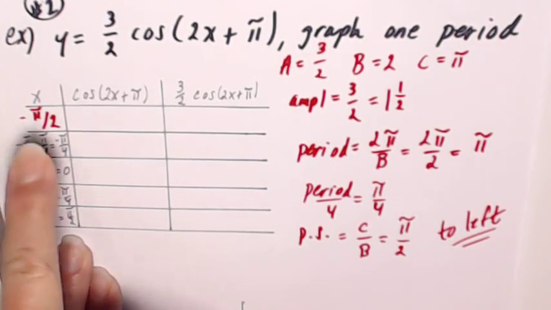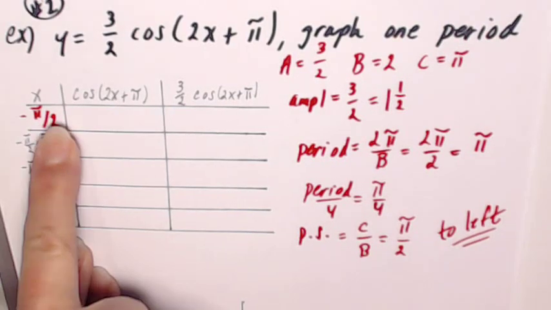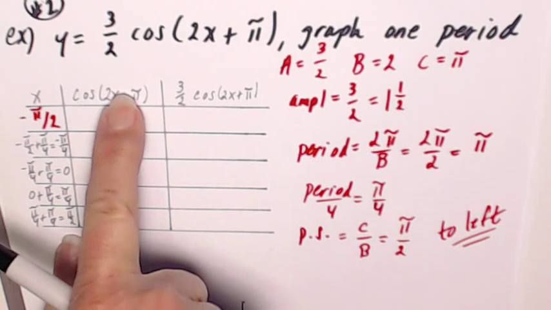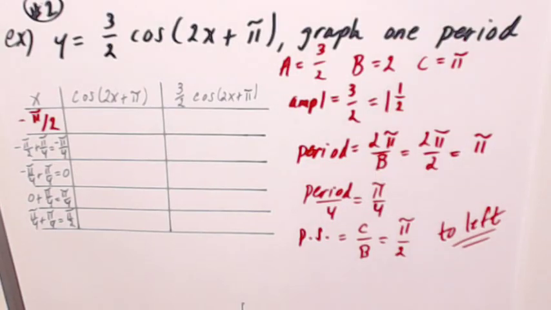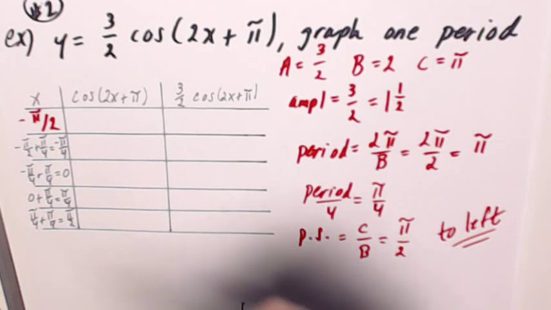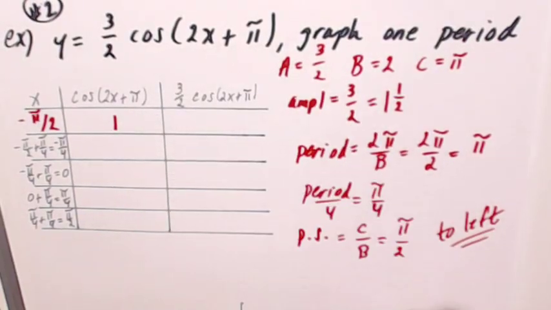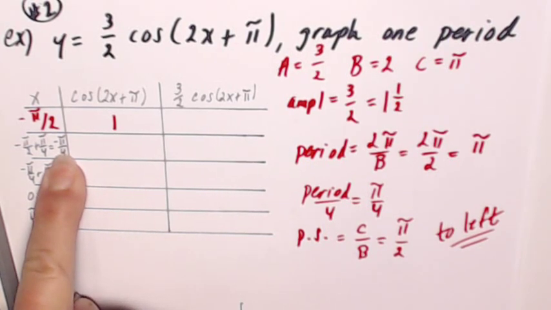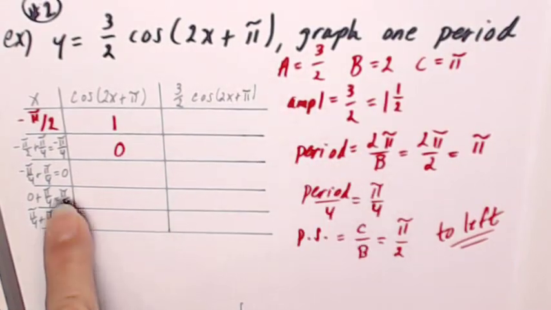You could, but because of how we've chosen these, this would be the cosine of 0. And we know that the cosine of 0 is 1. For negative pi over 4, this is going to be the value we would get for the cosine of pi over 2, which is 0.